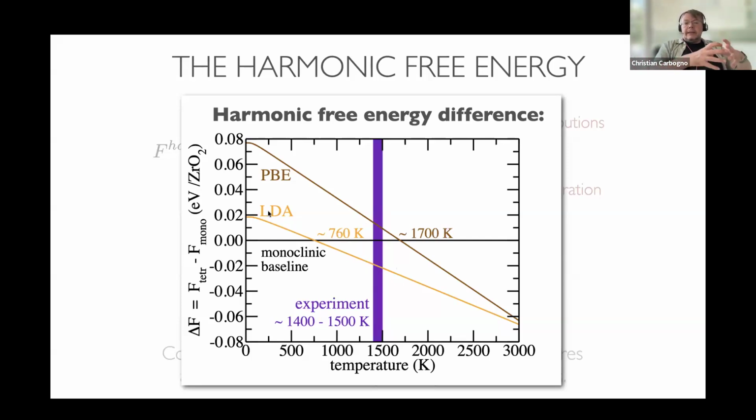So looking at the system, at the free energy, at different volumes, and then you will get harmonic free energies that depend both on temperature and volume, and this would give you then information how this would change as a function of pressure and temperature as well, and how you can drive the phase transformation by applying pressure or not. Good.